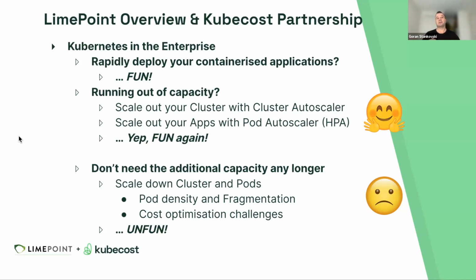So now you've got lower density of your pods across all your nodes. So now you need to look to scale down your nodes as well. How do you do that when you've got pods that are fragmented across all the nodes? You need to start shifting them and moving them off nodes before you can scale back the nodes. So now it starts bringing some challenges associated with that. It's a little bit unfun.